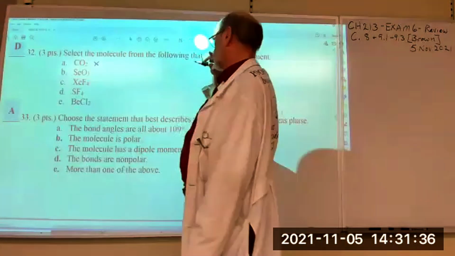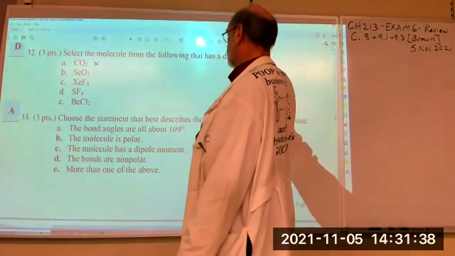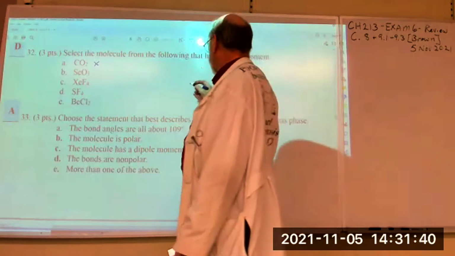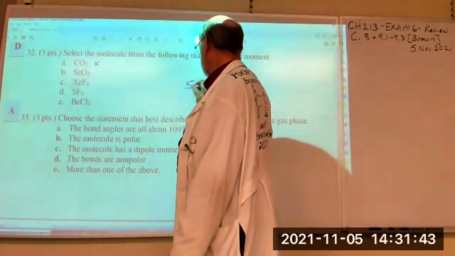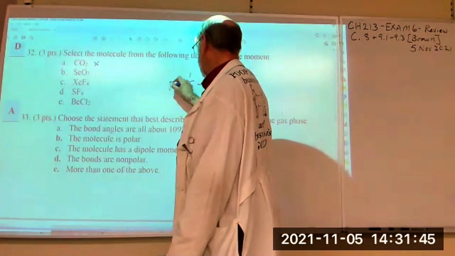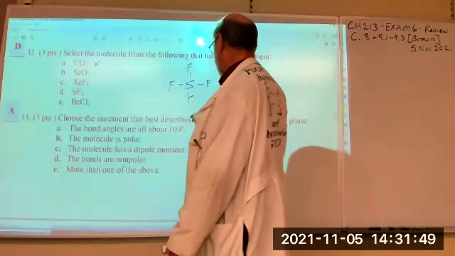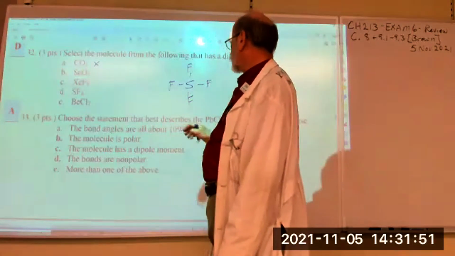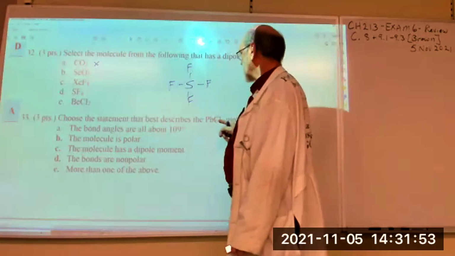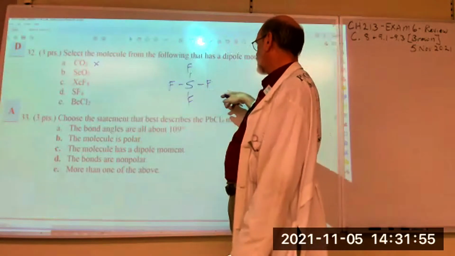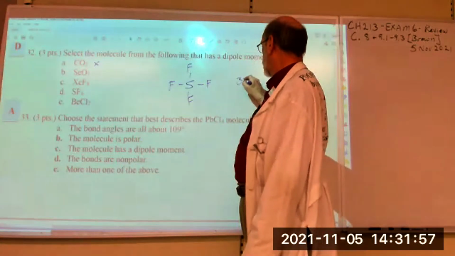SF4, that has a dipole moment. SF4, let's see. S, F, F, F. Okay. Sulfur has 6. Fluorine has 7 each. So that's 4 times 7, 28 plus 6 is 34.